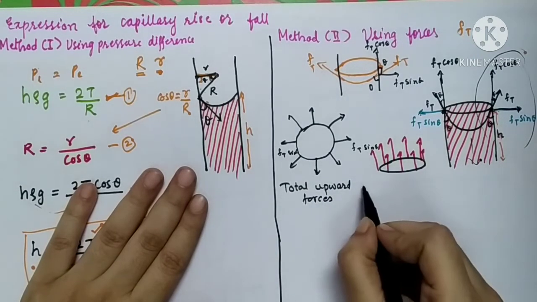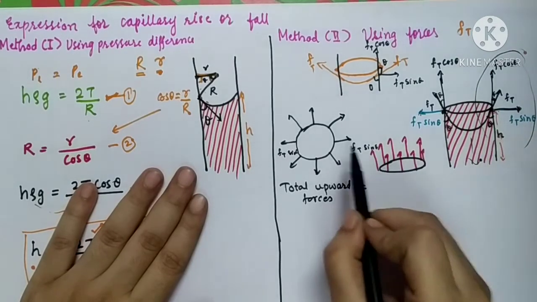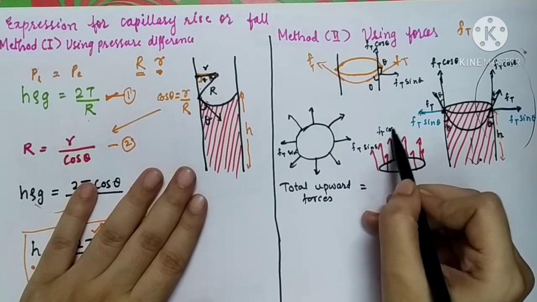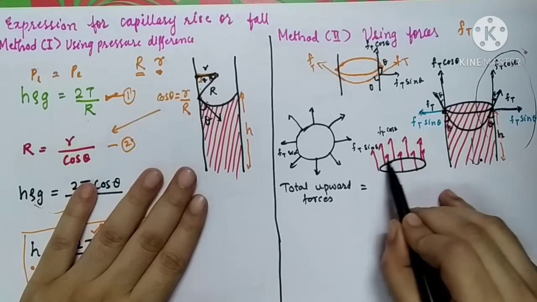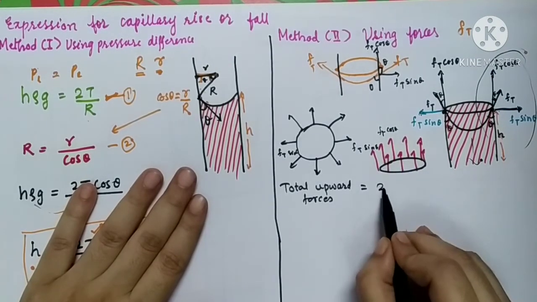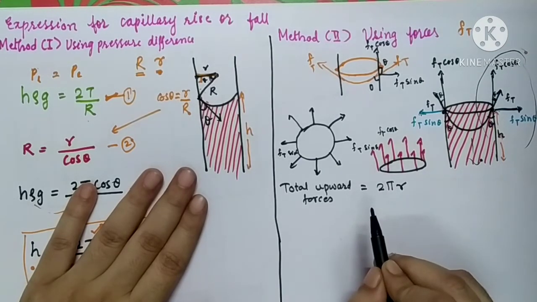Total upward force is nothing but the force at one point of the circle, which is Ft cos theta. There is only Ft cos theta, because the Ft sin theta components will cancel each other out. But throughout the length of the circle, what is the length of a circle? 2 pi r, where small r is the radius of the capillary tube.